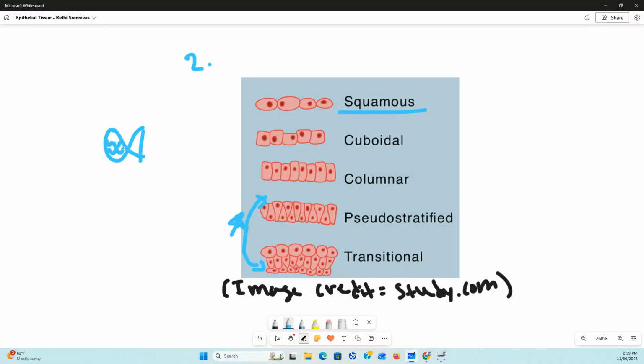So, that's similar shape. So that's why it's called squamous. Next, we have cuboidal because they have this cube, square-like shape, right? Next is columnar because they look like long columns. They look longer compared to the other cells. So it kind of reminds me of columns, right?